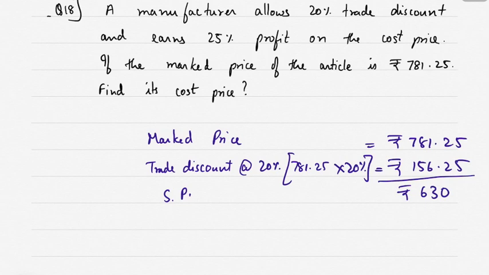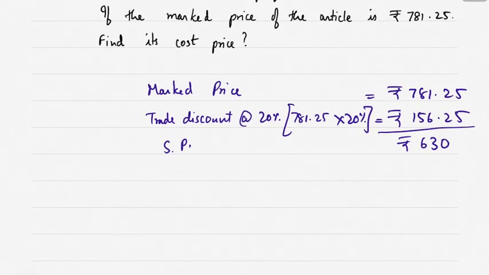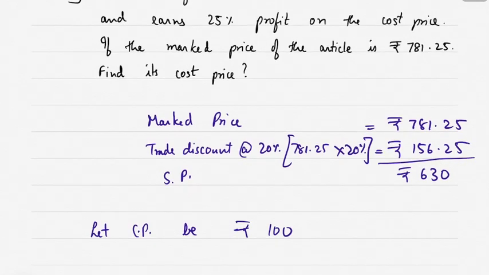A manufacturer allows 20% trade discount and earns 25% profit on the cost price. If the marked price of the article is 781.25, find the cost price. Now you know the selling price, you know the profit percentage, you need cost price. So whenever you need cost price, let cost price be rupees 100.